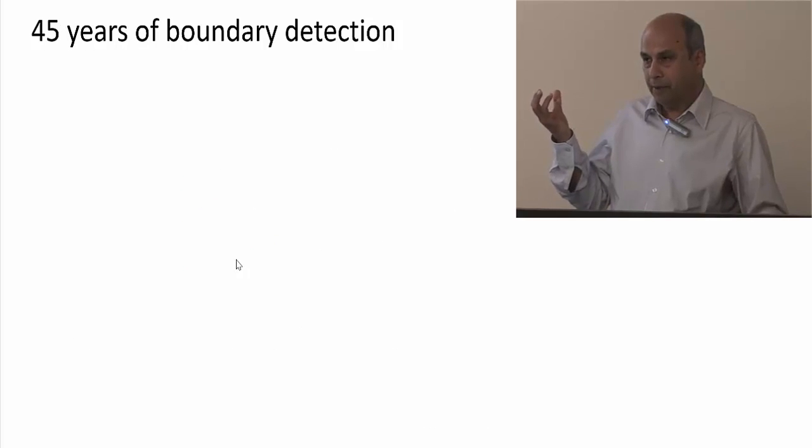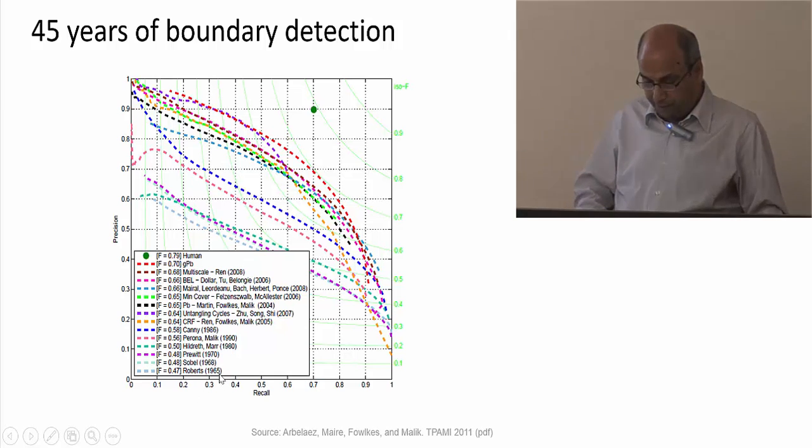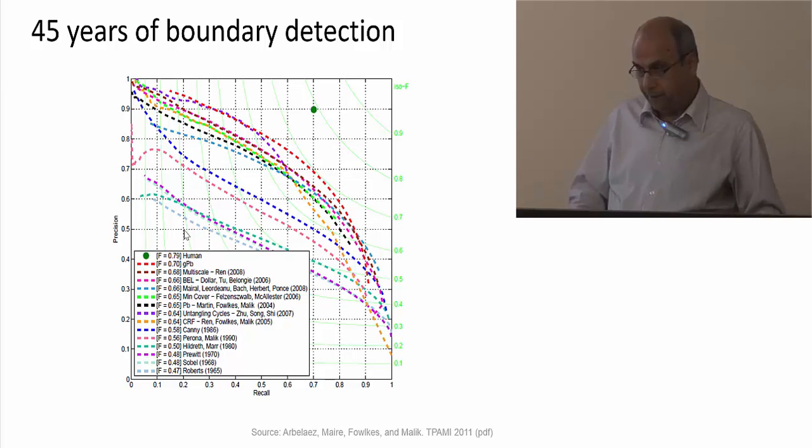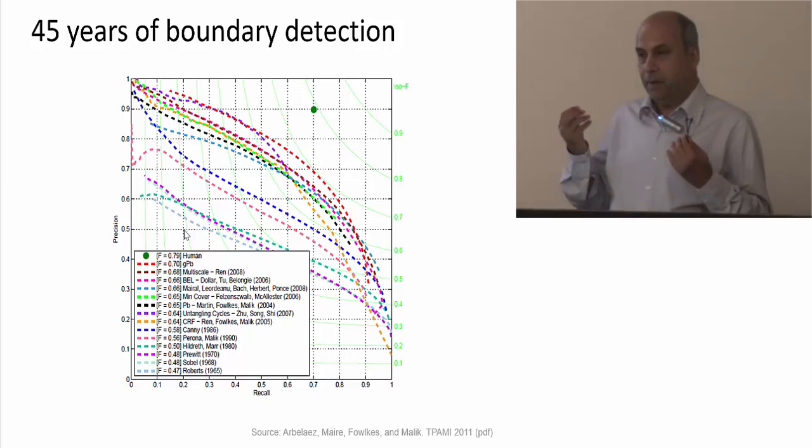Actually, most of the work in computer vision started from edge detection. This is 45 years of boundary edge detection, and it shows you how the field has progressed, starting from 1965, to 2008 and 2014. The question is, how do you measure if the edge detector is good, if your program is doing well?